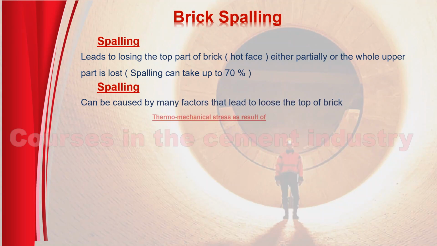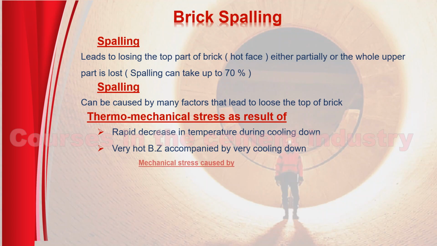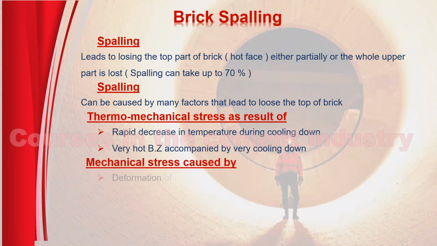A. Thermomechanical stress as a result of: 1. Rapid decrease in temperature during cooling down. 2. Very hot burning zone, accompanied by very fast cooling down. B. Mechanical stress caused by: 1.